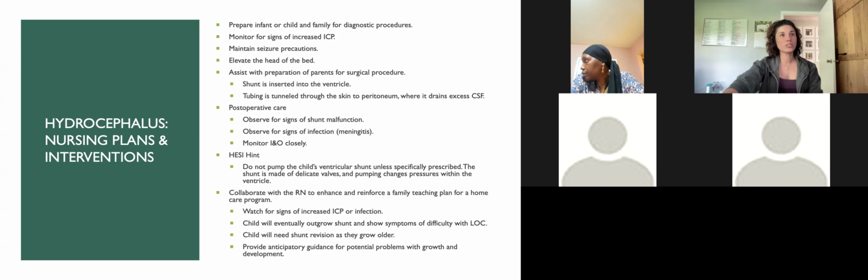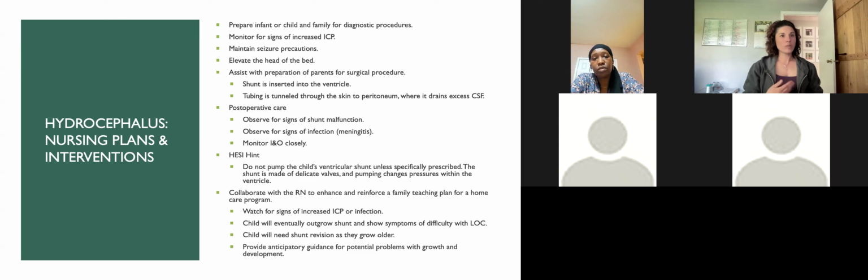So we also need to teach parents the plan for home care, teaching them what those signs of increased intracranial pressure look like, signs of infection. Eventually, that child will outgrow their shunt and it will need to be revised, and they'll put a bigger one in. So they're going to show some of those symptoms that we talked about.